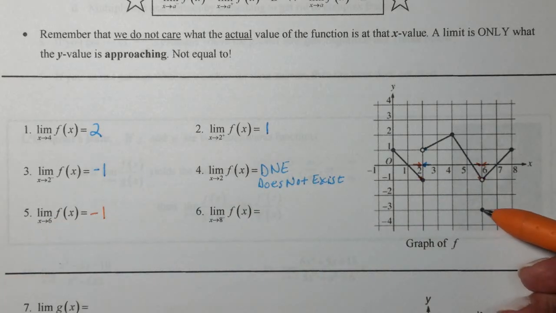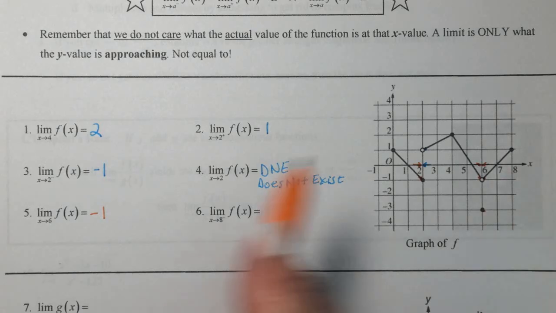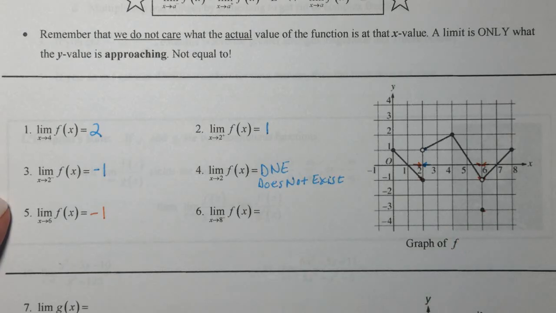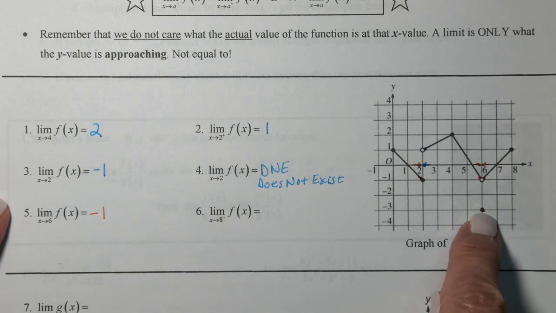It does not matter that the actual function value f of 6 is negative 3. A limit does not care. We are uninterested in that if we're just doing a limit. We're more interested in that if we're talking about something else, maybe continuity. But for a limit, we don't care about the actual value.